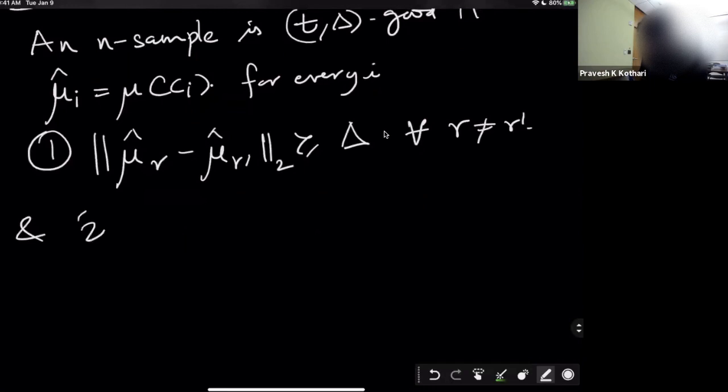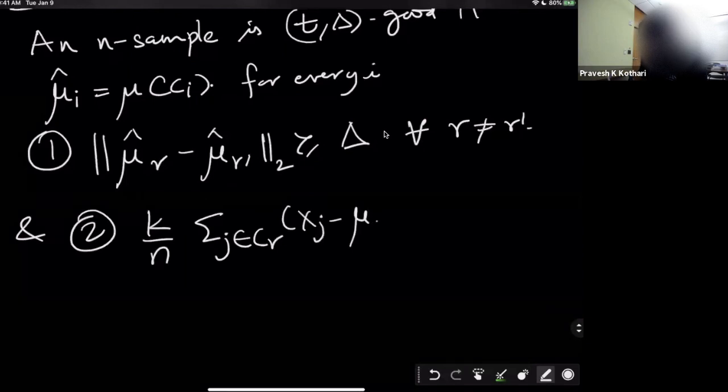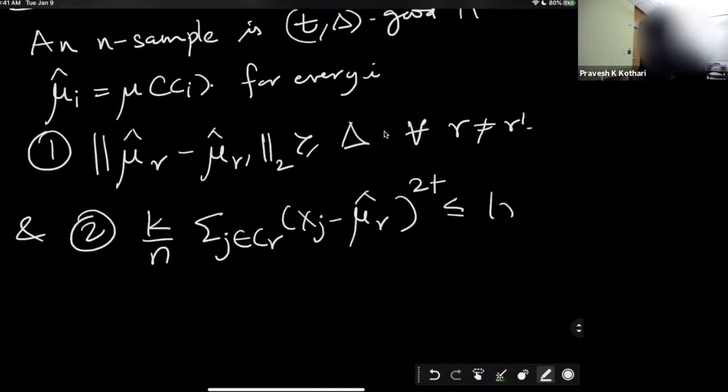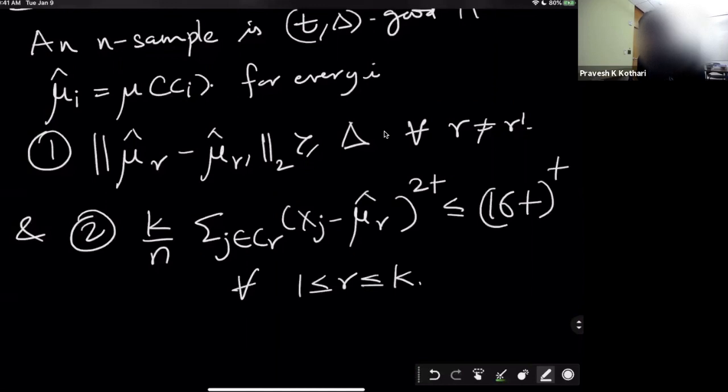And two, if I look at the empirical deviation around the empirical mean for every cluster, then it's not too much larger than what I expected. So I just abstracted out the two properties in which I wanted my sample to resemble the distribution that generated it, into this definition of t delta good.